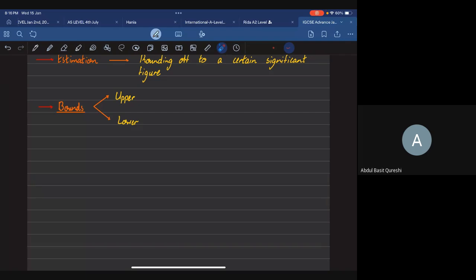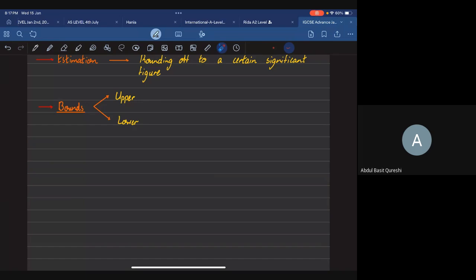For example, if there's a fraction and they ask you to get the highest possible value of that fraction, I know that if my denominator is a very big number, then my overall number is going to be small. That's because if you're dividing by a larger number, the total fraction is going to be really small. Whereas if your numerator is greater than your denominator, you're going to have a larger number.